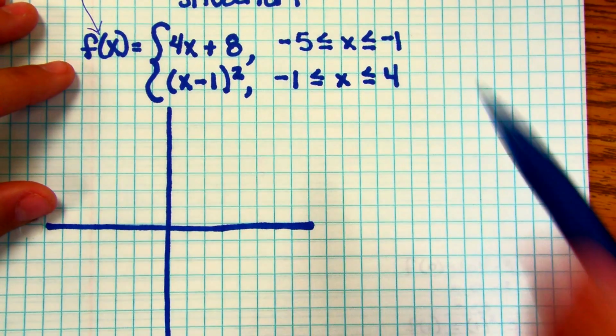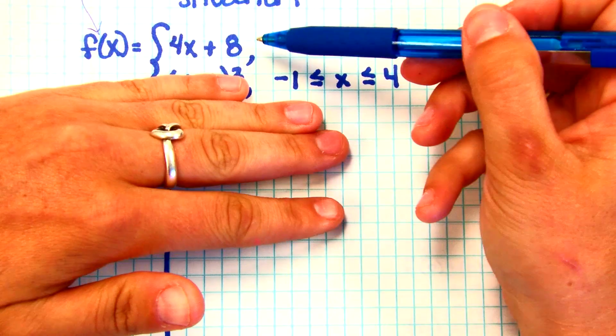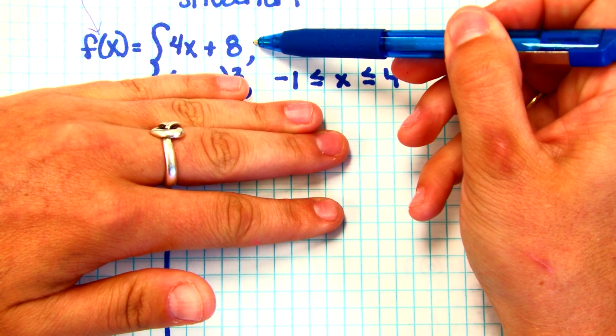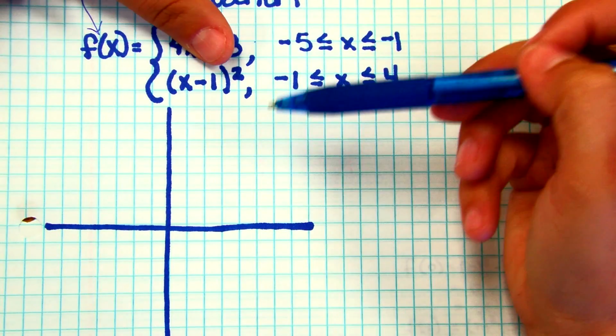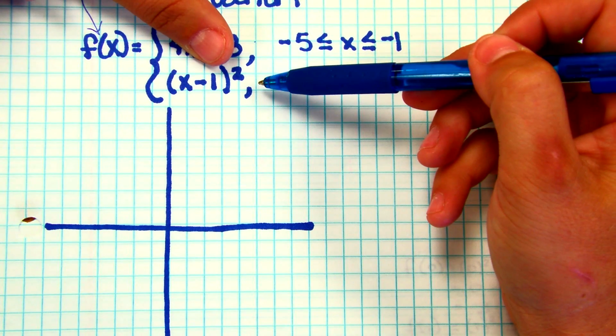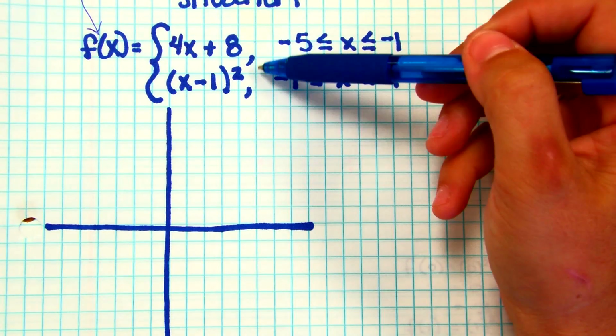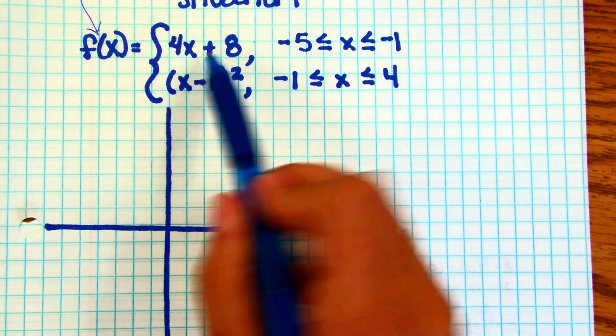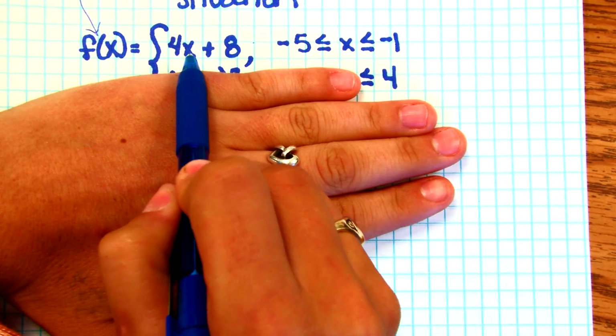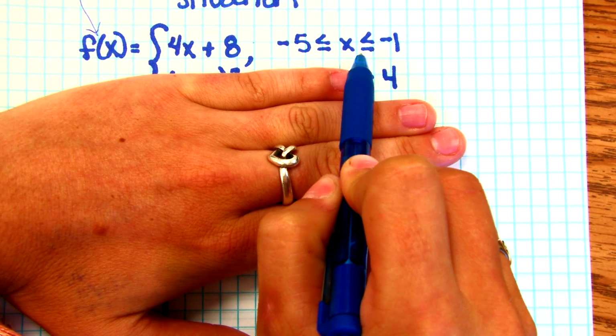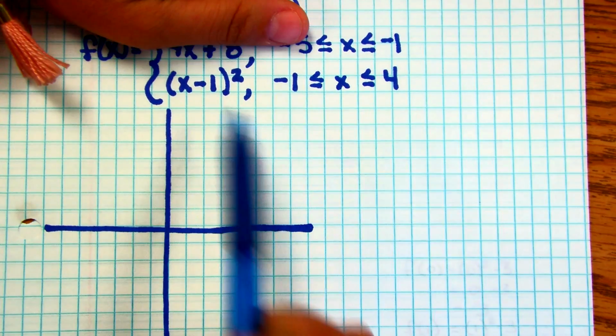I have f of x equals 4x plus 8, and I have f of x equals the quantity x minus 1 squared. And so these both represent a single situation. However, we're going to graph this function on this interval, and then we'll graph this function on this interval.